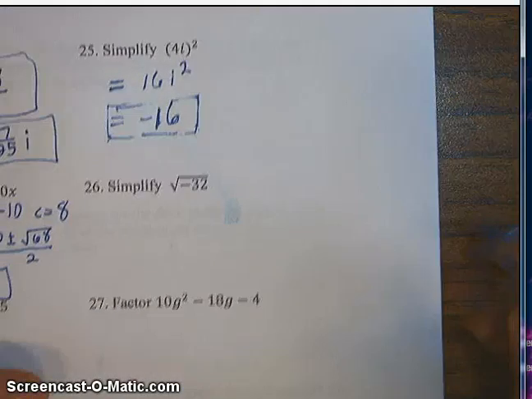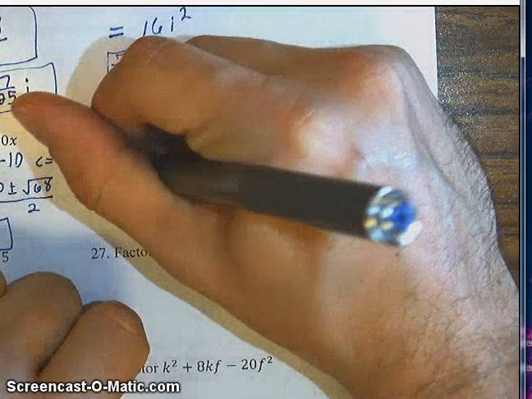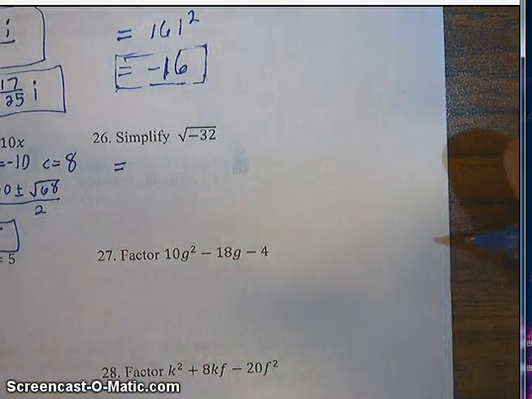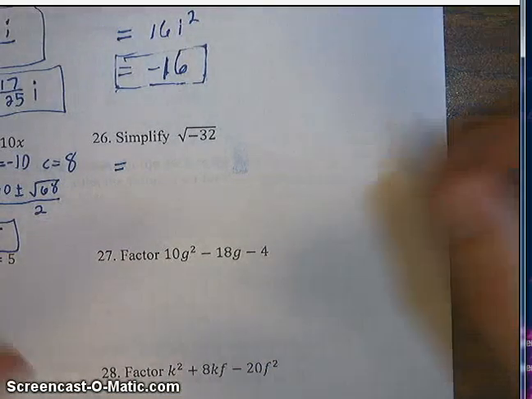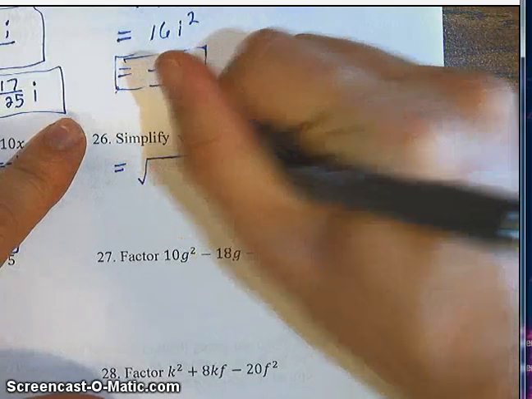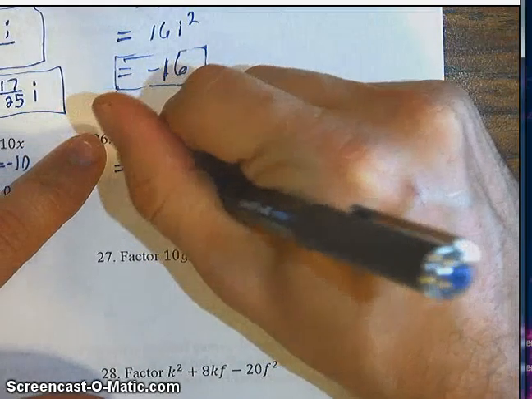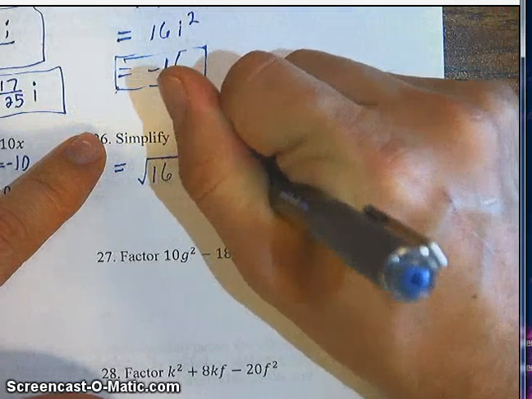Okay. Next, we're going to want to simplify the square root of negative 32. 32 is 4 times 8, also 16 times 2. So think about it this way. Negative 32 equals 16 times 2 times negative 1.